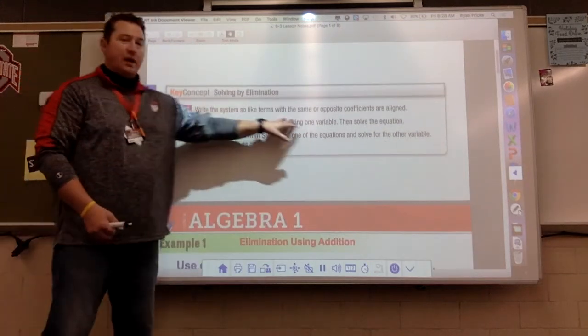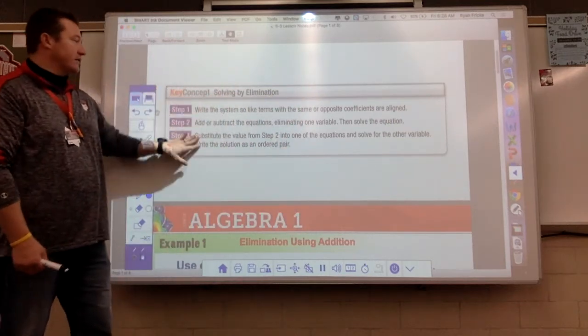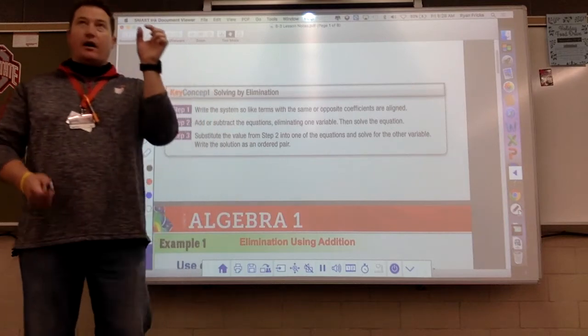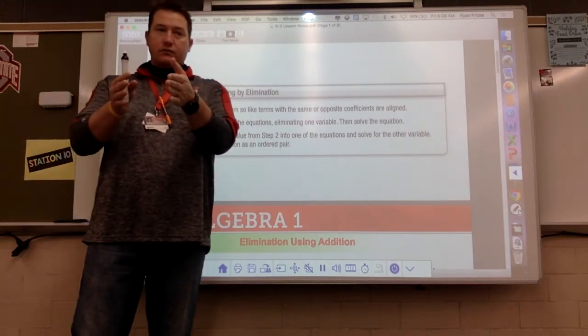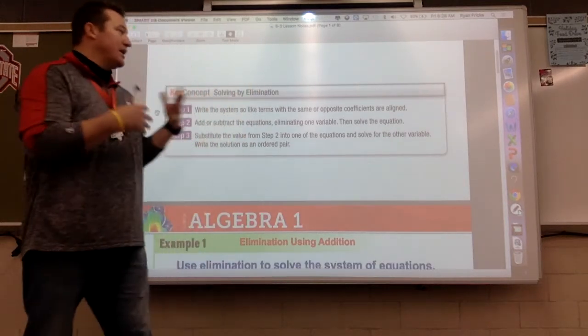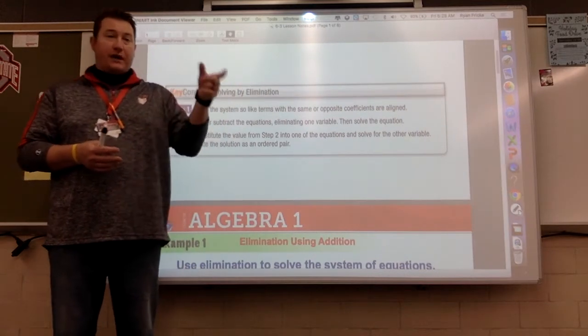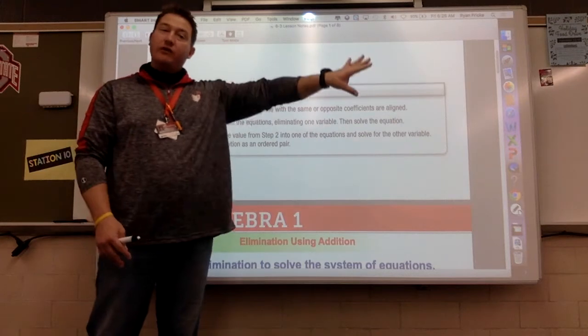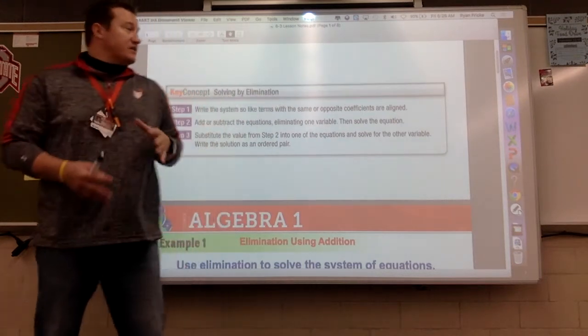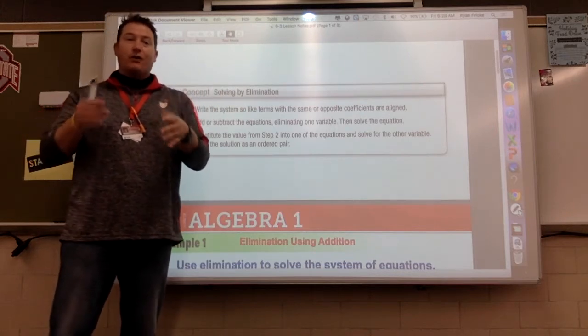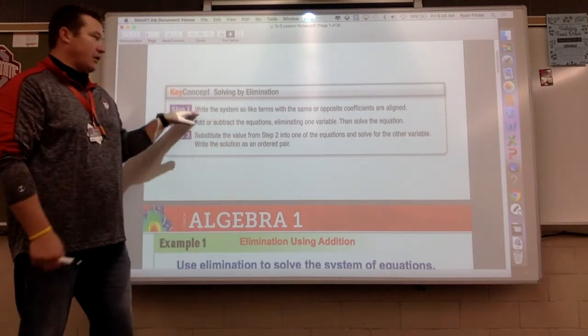But here's what we got, guys. So again, here are our steps, people. If you're a step person, refer back to this a lot. Basically, we have to write our system in standard form. So no longer do I want one of them solved for x or y. If one of them is, solve it with substitution. But when they're not solved for x or y, and they're in standard form, this is the method I want to look for.